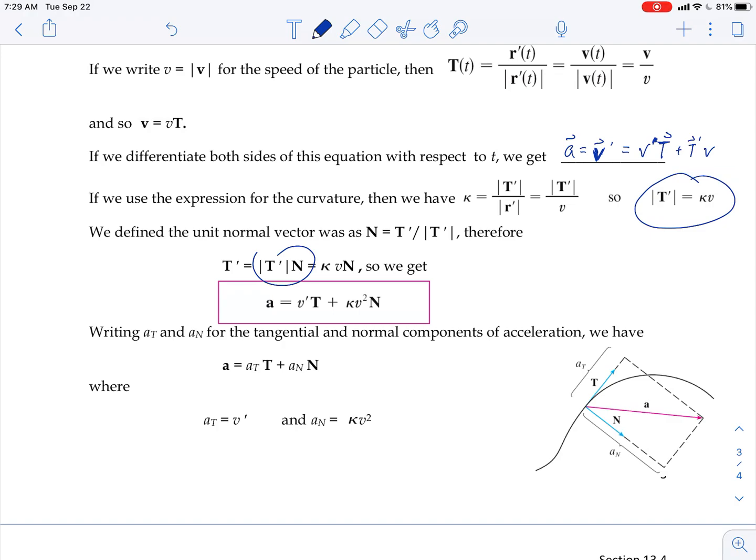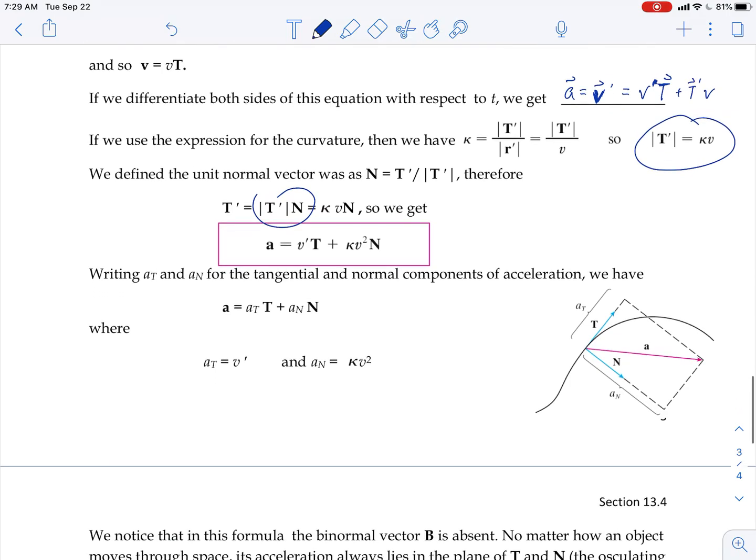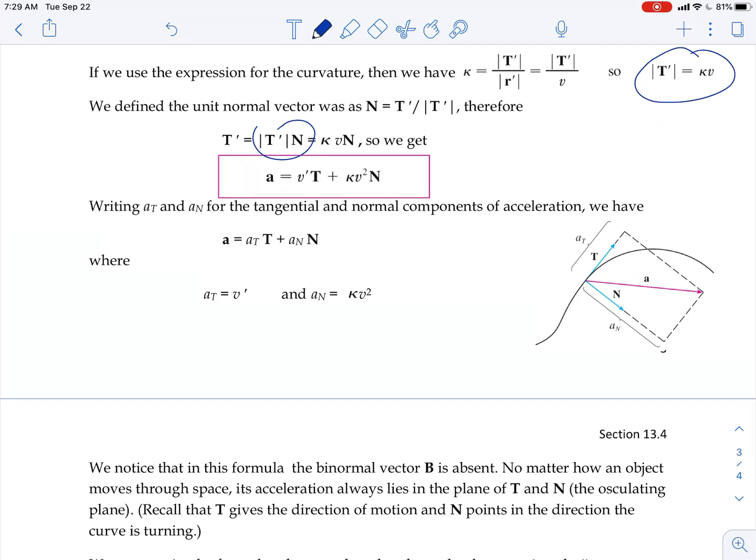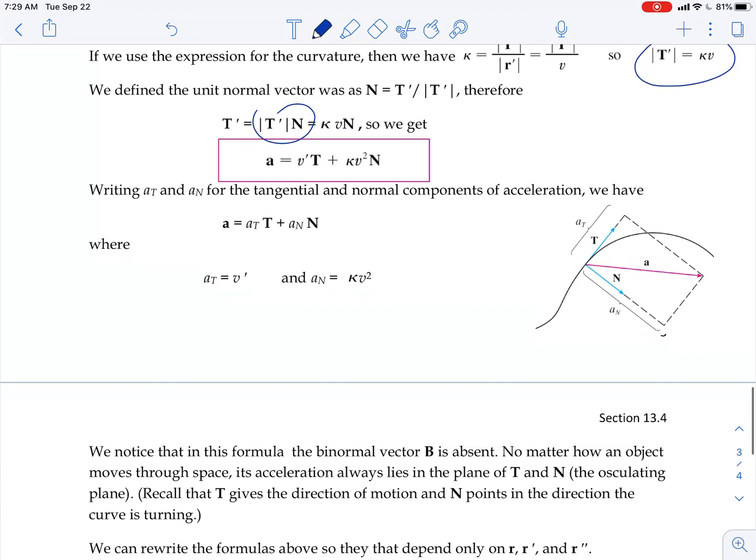We have acceleration equal to A sub T times T plus A sub N times N, where A sub T is the derivative of your speed, and A sub N is the curvature times your speed squared.